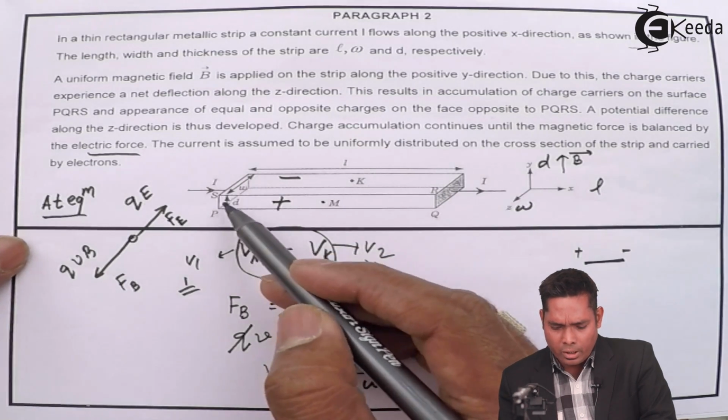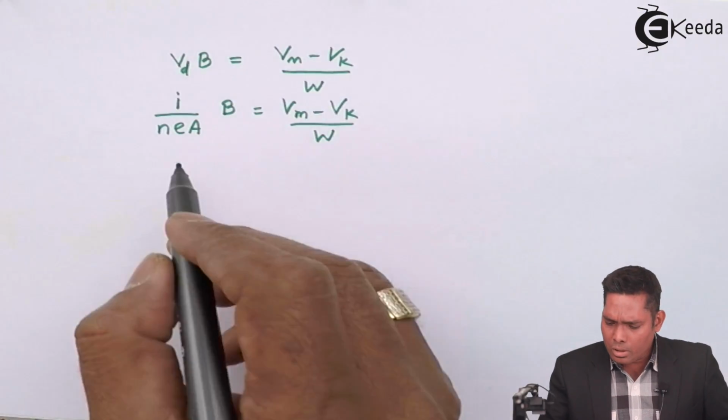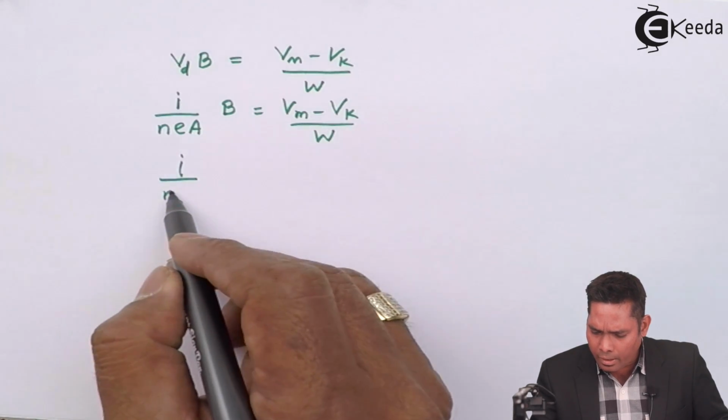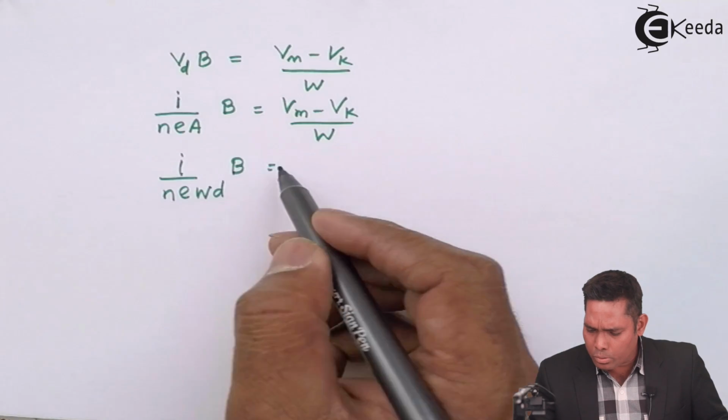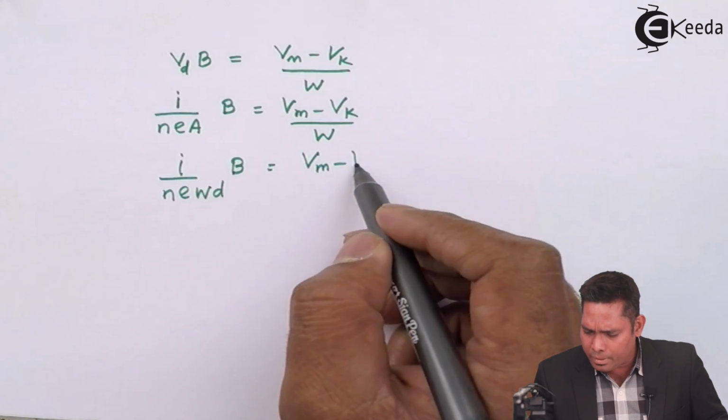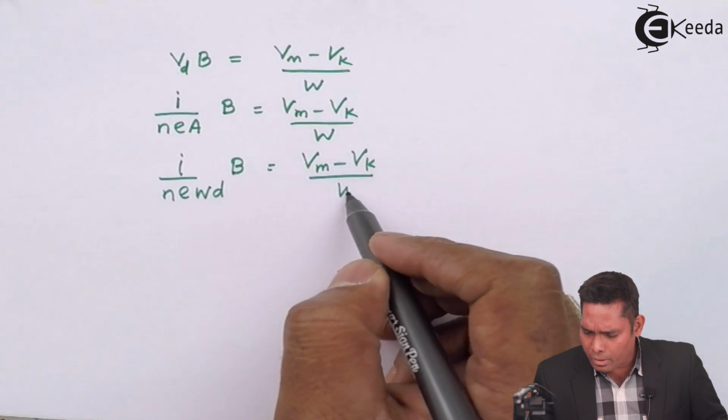So WD is the area of cross section. So I'll write here I divided by nEWD, times B, equals Vm minus Vk divided by W.